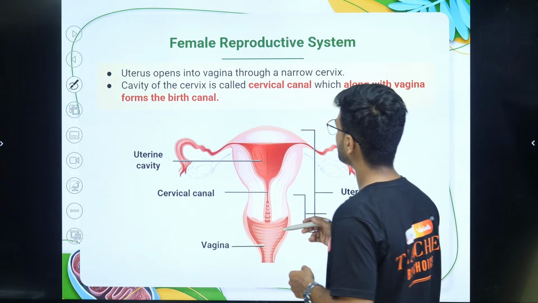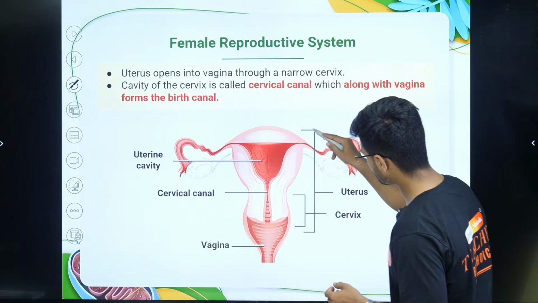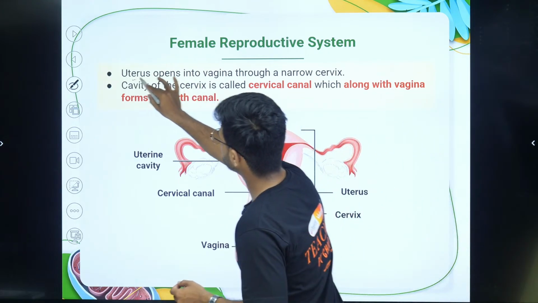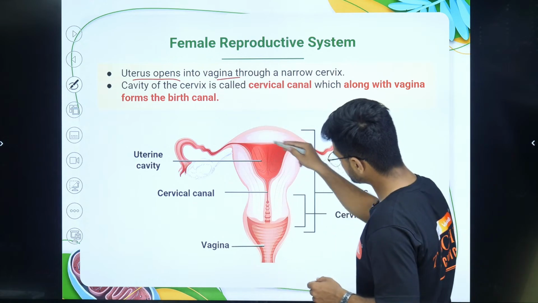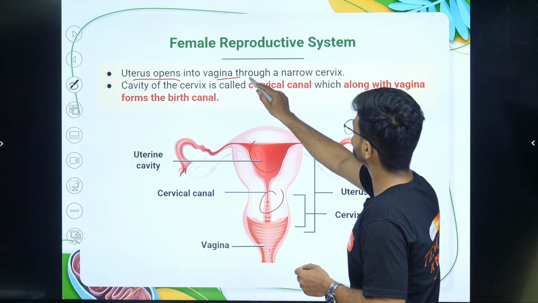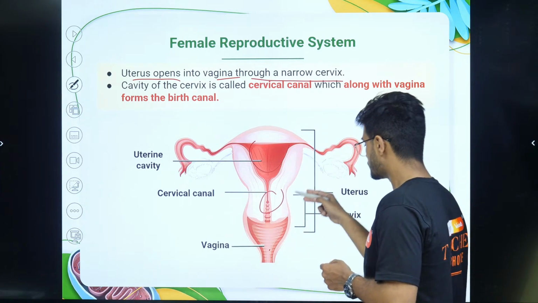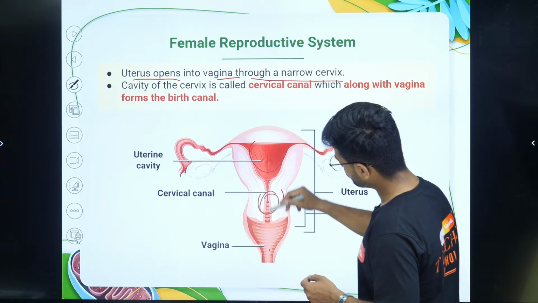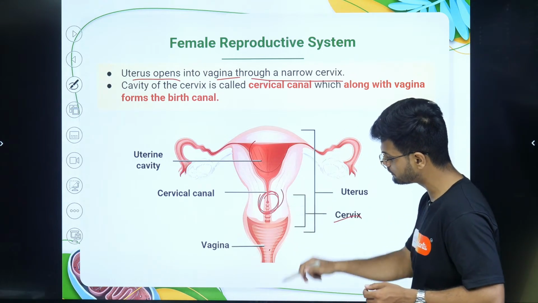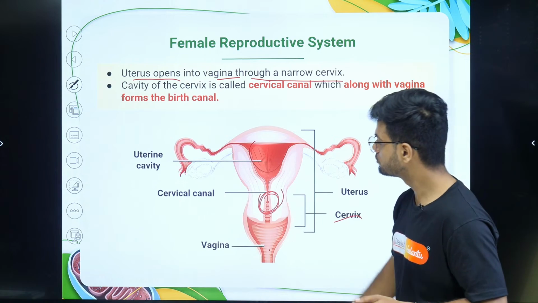Now, let's learn about birth canal. So this is your uterus. Here you have the vagina and cervical canal. So uterus opens into vagina through a narrow cervix. So this is your cervix. Cervix is a bridge between vagina and what?